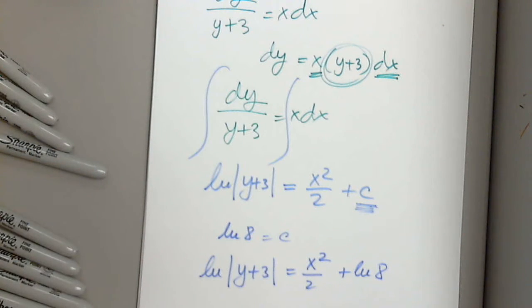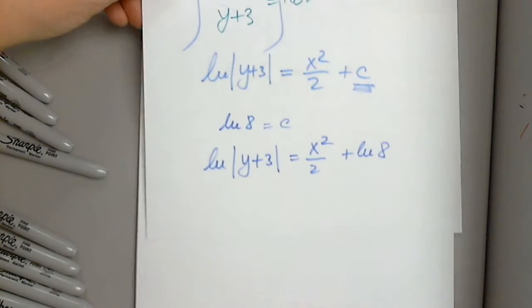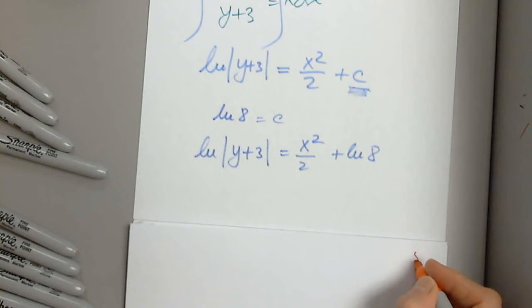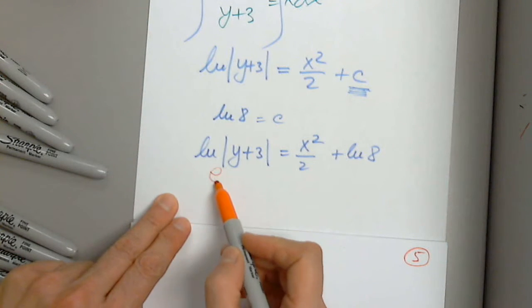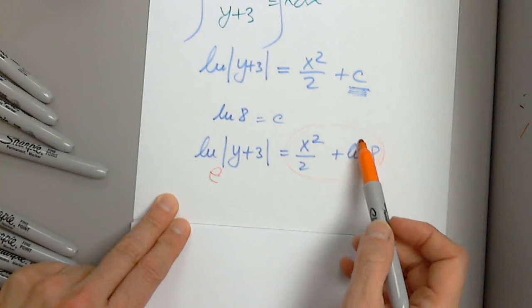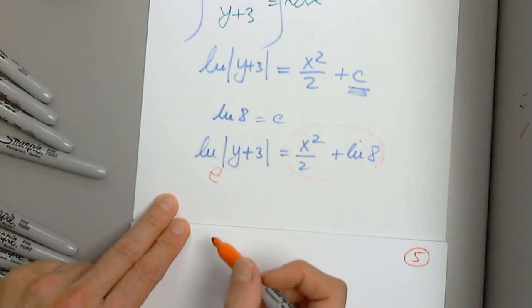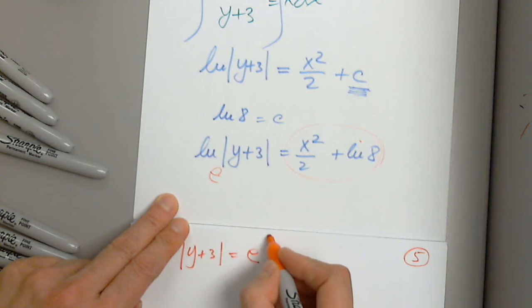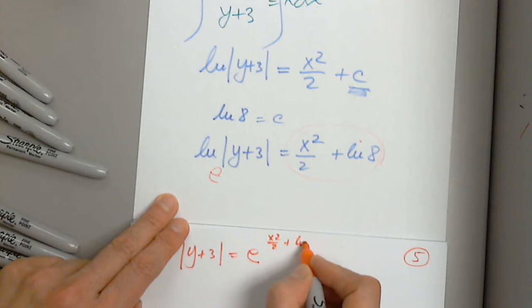But we haven't solved for y yet. What will be the next step? e, which is the base, but we don't write it, raised to this power equals this. So y plus 3 equals e raised to x squared over 2 plus natural log 8.